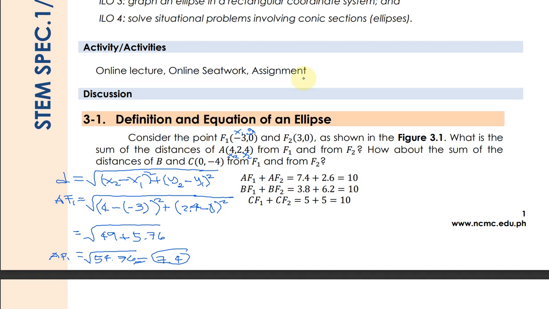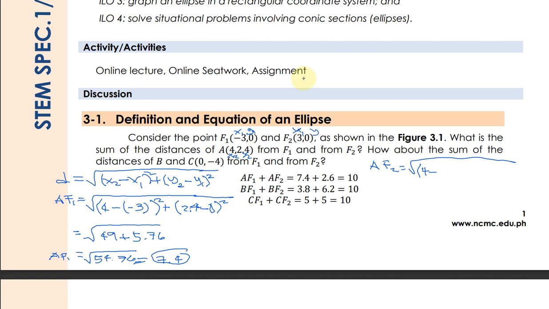No, atong F2 kay located at positive 3, 0. But the same ra nga atong A nga 4 o 2.4. So using the same formula, so AF2 na ni siya nga distance, equal siya ni x sub 2 is still equal to 4, minus na to siya ni x sub 1. So muna ni atong x sub 1, no?